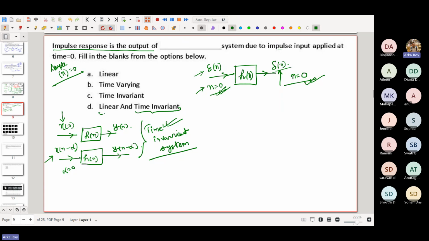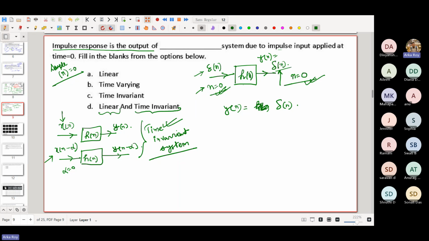Now, what about the linearity or non-linearity? Let us consider the output y of n is equal to delta n, as they have said that impulse response is the output only. So y of n, I can write h of n, sorry, it is delta n. If you feed delta n to any system which is characterized by its own impulse response, you get delta n only.